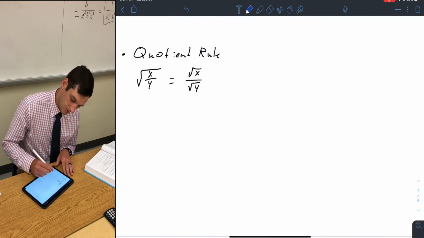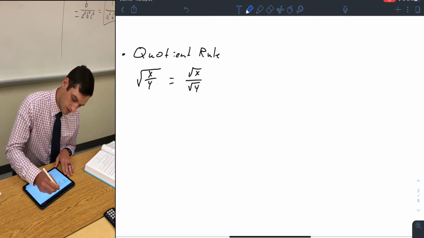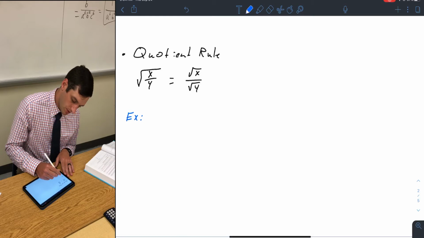Now, let me show you when this would be handy. So you have the square root, stay consistent. Say that I have a square root of x squared over 4.